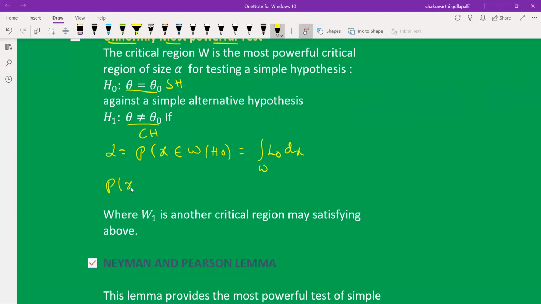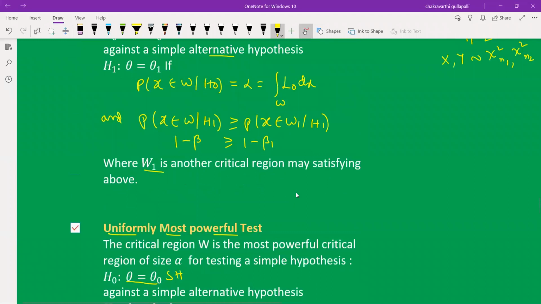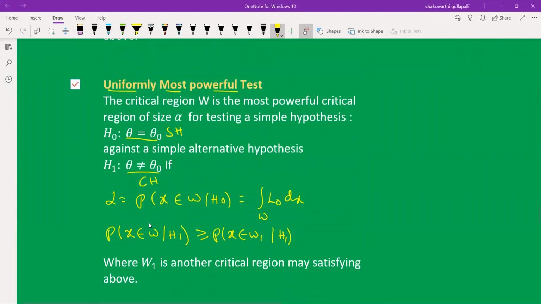Probability of X belongs to W under H1 is greater than or equal to probability of X belongs to W1 under H1. Now this is 1 minus beta is greater than or equal to 1 minus beta 1.